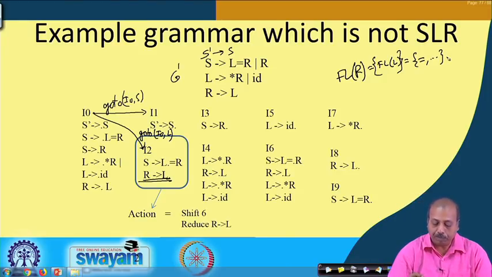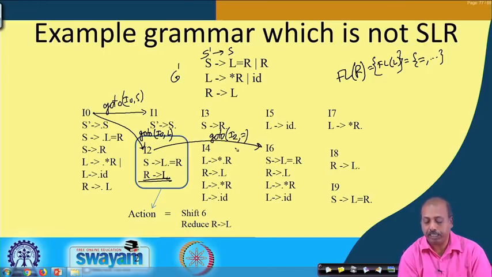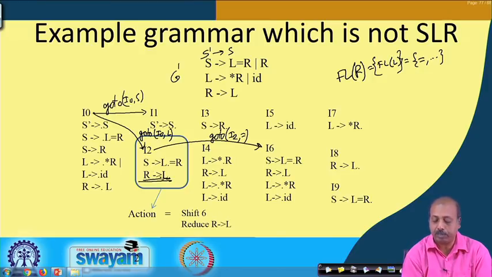When I am doing the action, the first rule, S producing L dot equal to R, says that from I2 on equality it goes to I6. So from I2 to I6 it is goto(I2, equality). This is a shift action. So if I get an equality, I should do a shift and the new state will be 6.